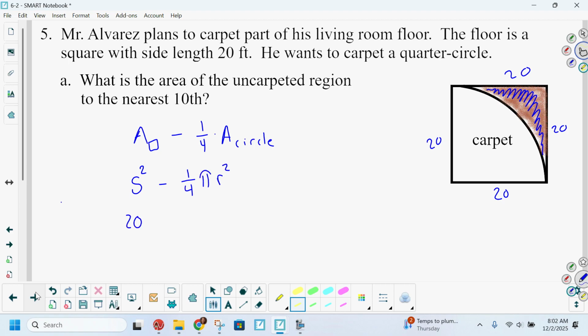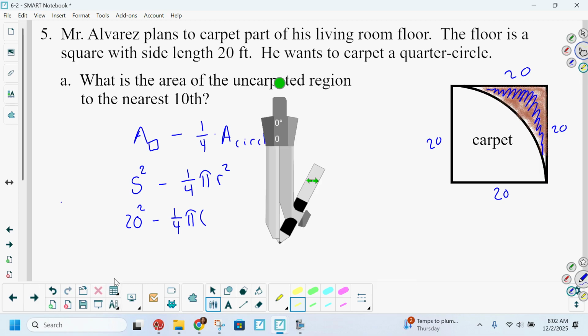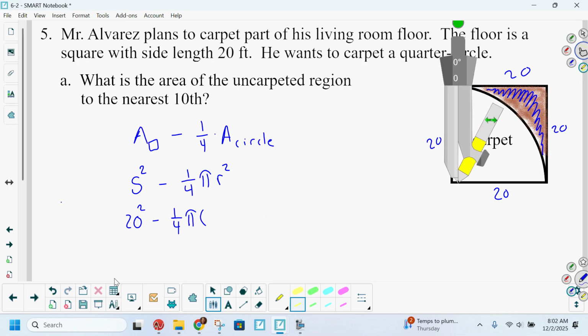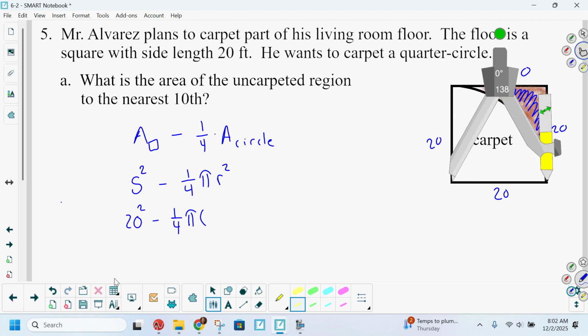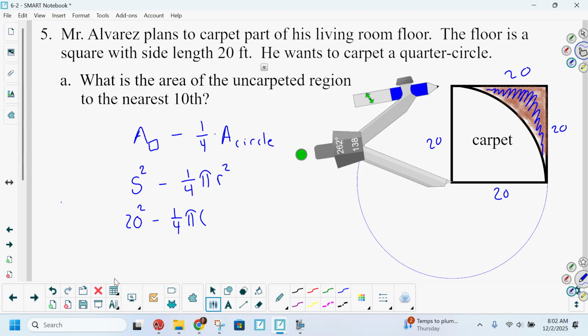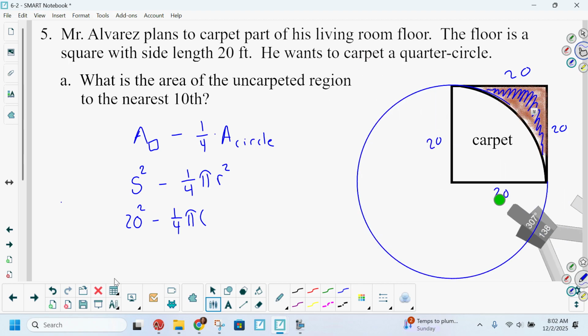So 20 squared minus 1/4 pi, and the radius of the circle would be what? This is a quarter, so this is actually the radius, and sometimes people have trouble seeing it. If I draw it in for you, see how that's a whole circle?